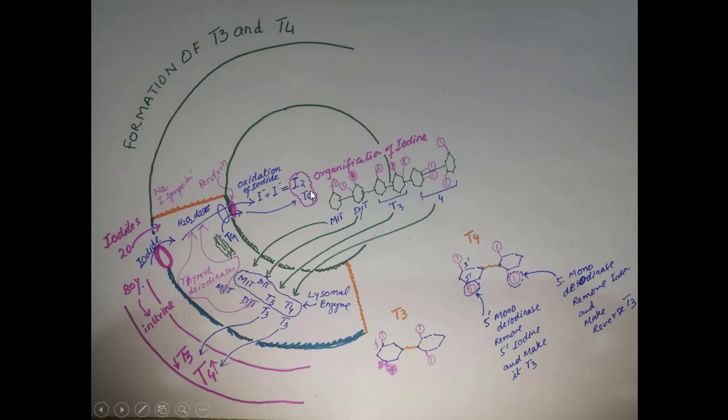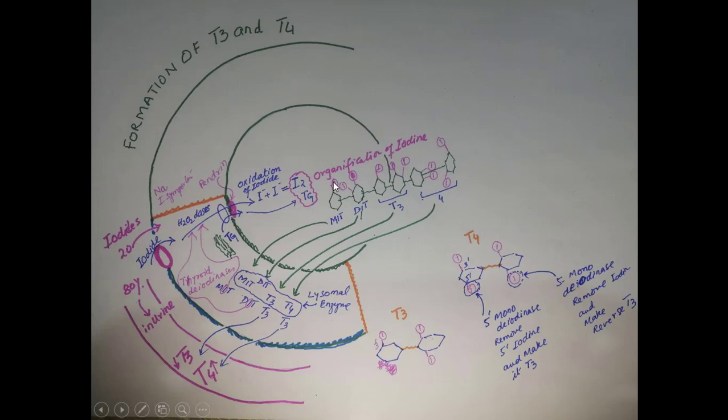Now, this joining of iodine to the thyroglobulin is very unique. Suppose this is a line of the thyroglobulin molecule having the tyrosine residues inside. 1, 2, 3, 4, 5, 6. Suppose these are the 6 tyrosine molecules present over here. Now, some of the tyrosine molecules will join with only one iodine molecule.